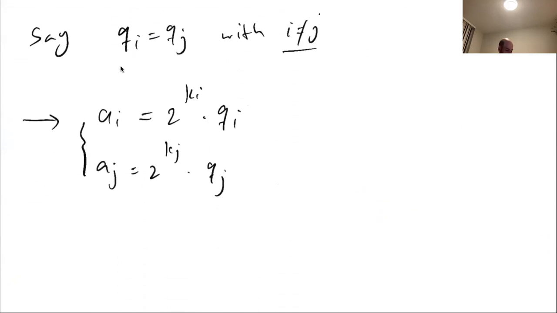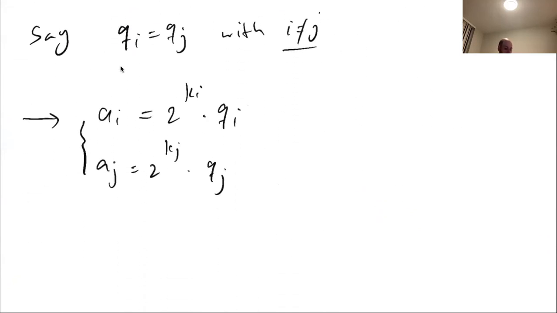Okay. So now what do I want to show ultimately? I want to show that one of these numbers divides another. So now my claim is either AI divides AJ or AJ divides AI. I already found two numbers, AI and AJ, which have the same Q, right? So QI is equal to QJ, so AJ can be written as 2 to the power KJ times QI.